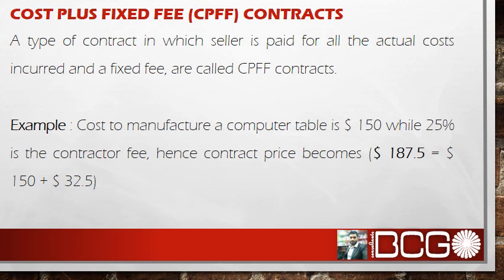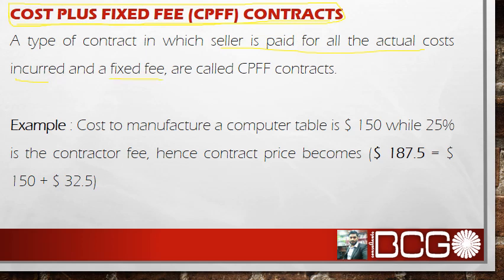The first type of cost reimbursable contracts is cost plus fixed fee contracts. Actually, this is the purest form of cost reimbursable contracts itself, because as per the definition of cost reimbursable contracts, we said that it's the type of contract in which the seller is paid the actual cost incurred and a fixed fee.